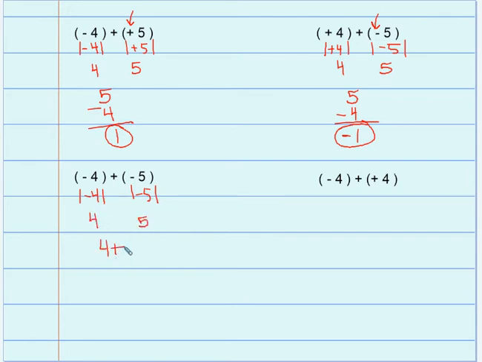So 4 plus 5 is 9, but then I keep the signs that they both had, -9. Okay, on the bottom right hand side here we have a problem, -4 plus a +4, and if you look very closely at these two integers, they are opposites, and whenever you add opposites, your answer will be 0.